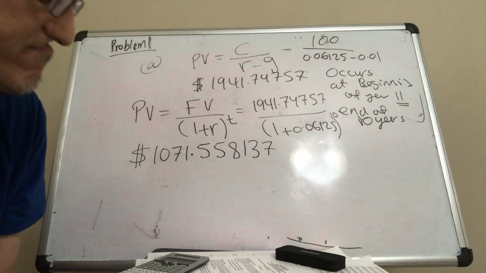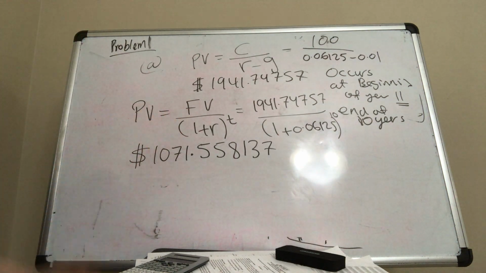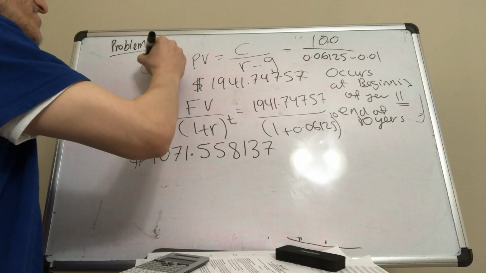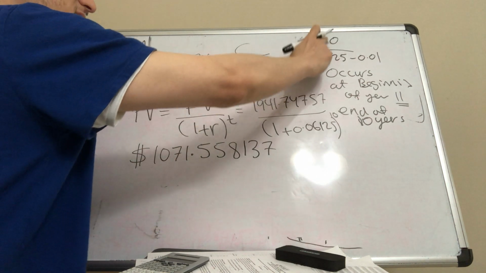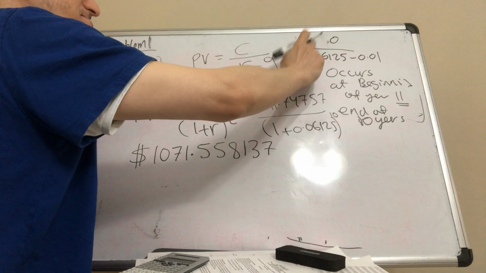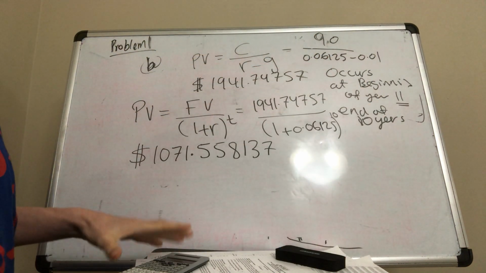For B, it's pretty much the same concept, but instead of payment 100, it's $90. So you're going to replace this by 90.